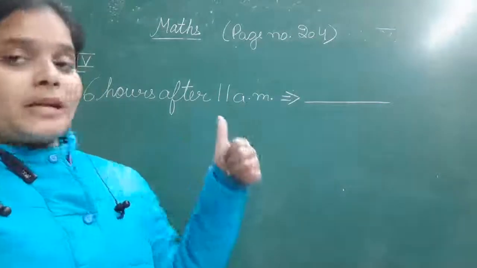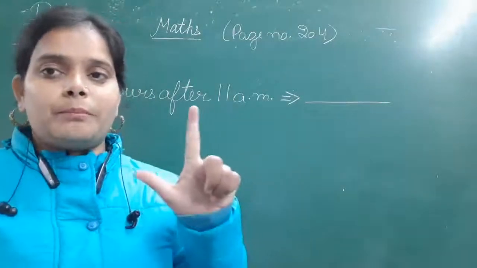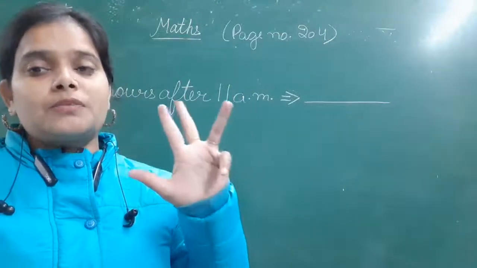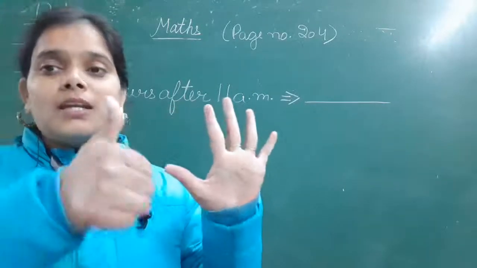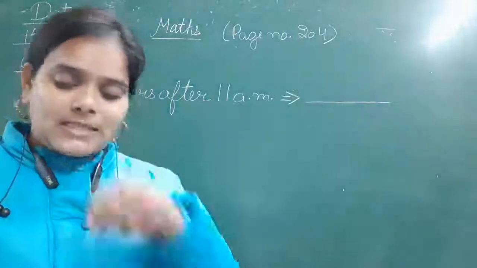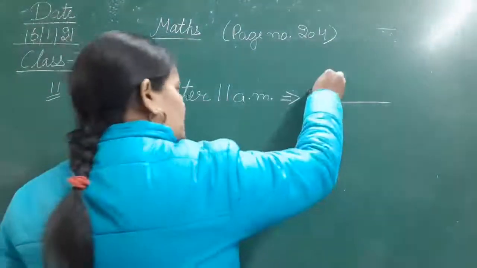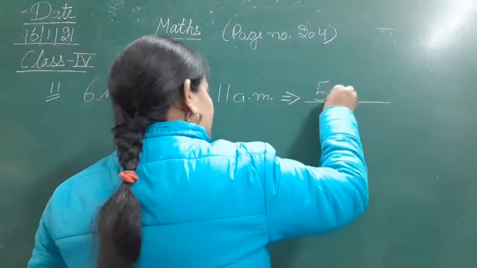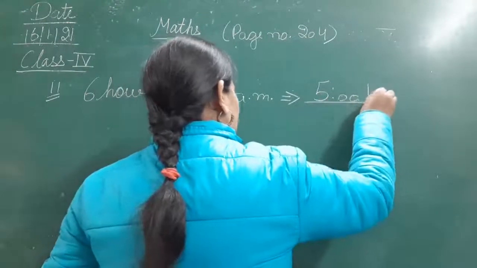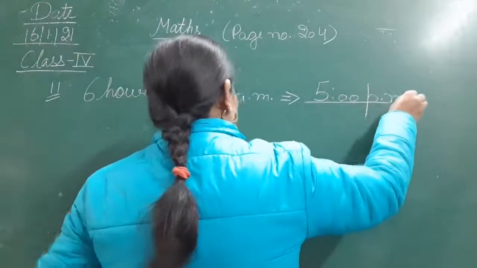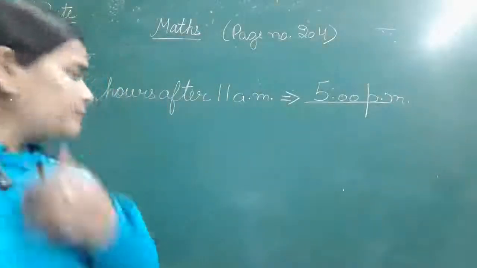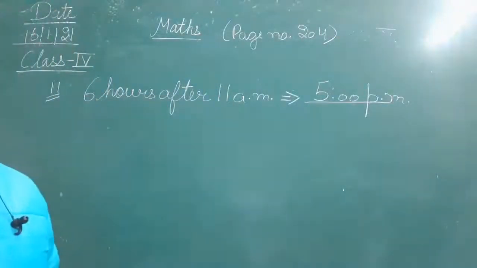After 11 AM that will be 12 PM, 1 PM, 2 PM, 3 PM, 4 PM and 5 PM. So 6 hours after 11 AM will be 5 PM.